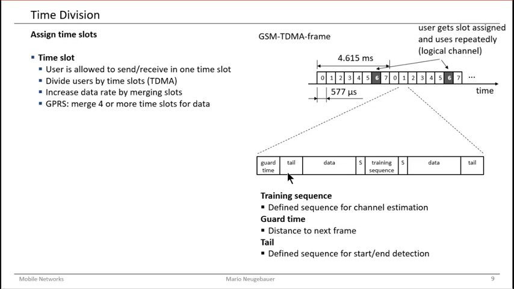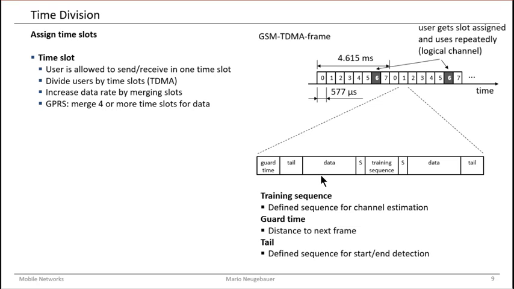If I detect such a tail, then I know that the transmission of the actual data, the data part, starts immediately after the tail. I would detect this tail first, then the end of the tail, and the end of the tail is the beginning of the actual payload data, the data which should be transmitted between the sender and the receiver.